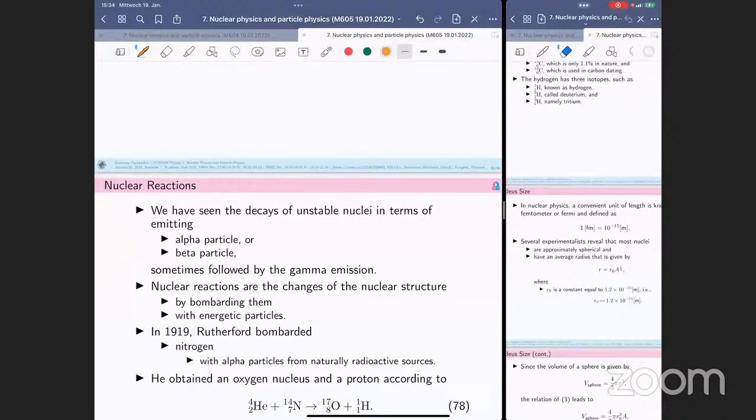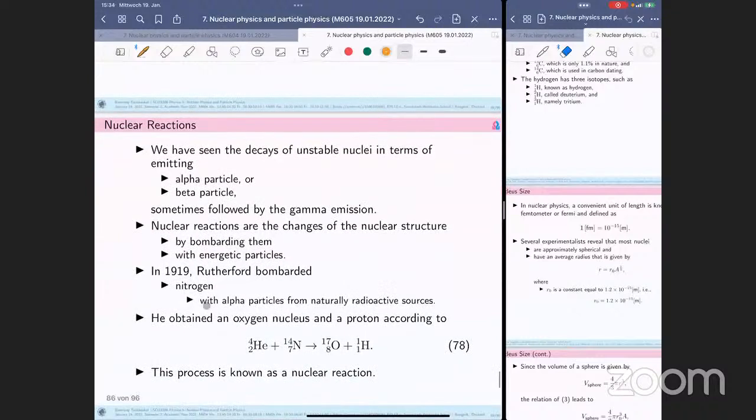We cannot force anything there. But the process that humans try to force to take place is the following: humans accelerate a particle and project it at a nucleus, and we get a new nucleus. In 1919, Rutherford, you know Rutherford, right?